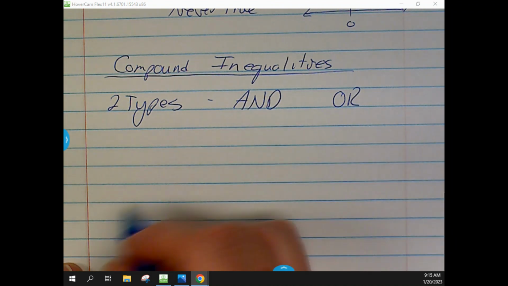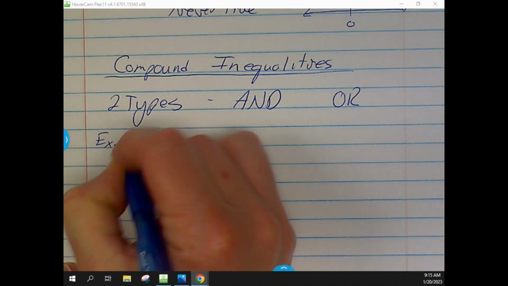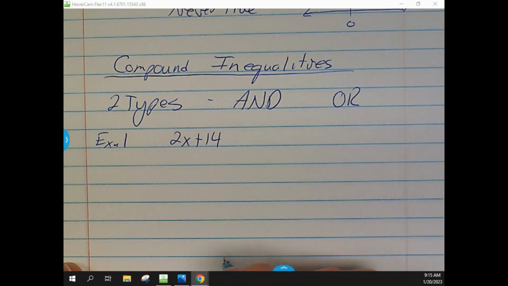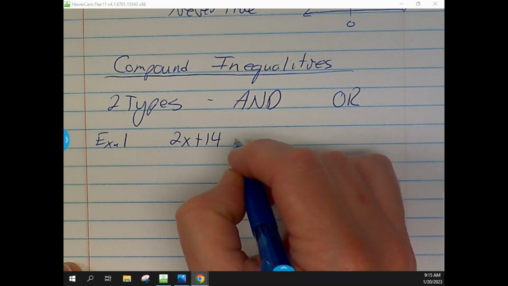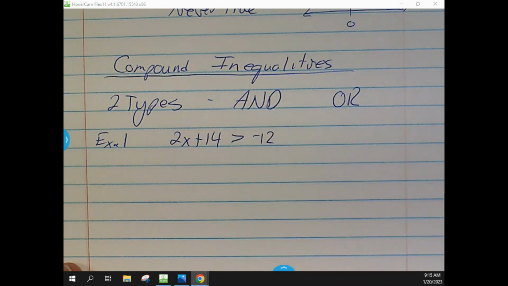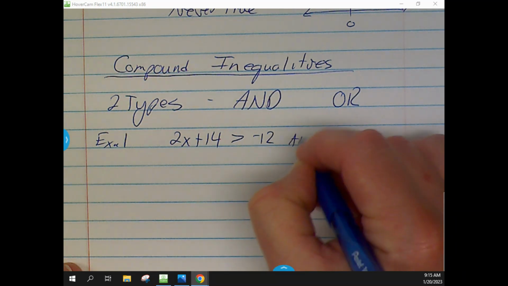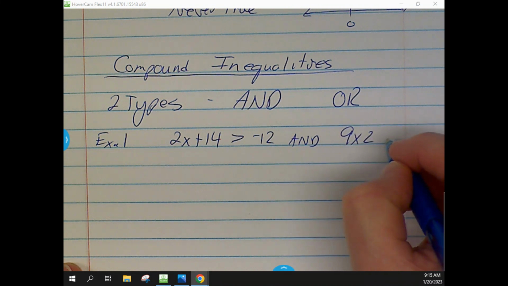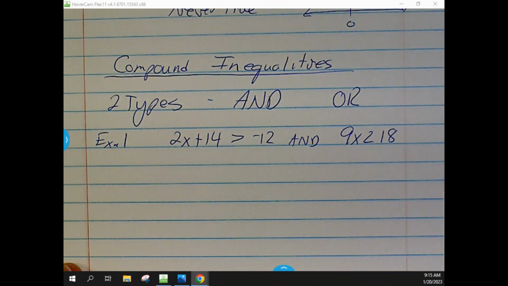And we'll do the and first on this one. So we've got 2x plus 14 is greater than negative 12, and 9x is less than 18.